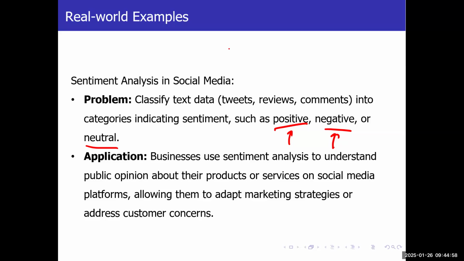For example, if we say not like, they have the word like, but they also have the word not, and they have to be together to be a negative comment, right? If it's just not, it's a negative comment, if it's just like, it's a positive comment, but when combined together, it becomes a negative comment, right? So there are these special cases that you also have to handle for sentiment analysis.